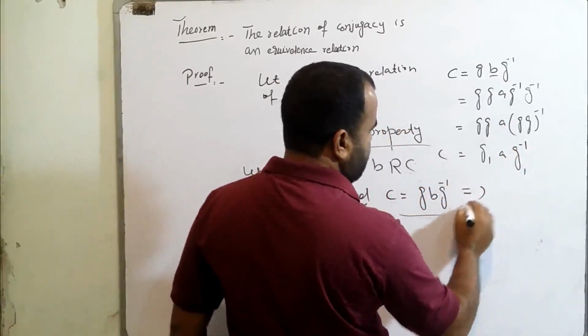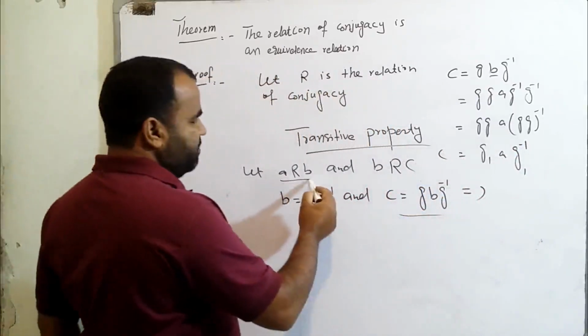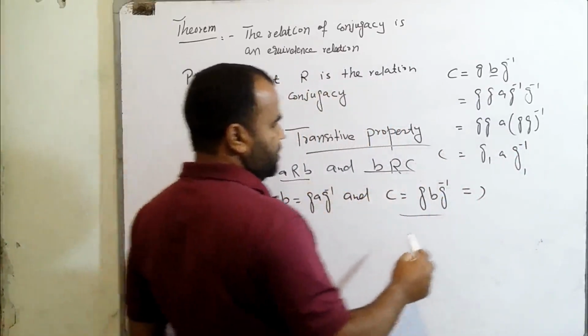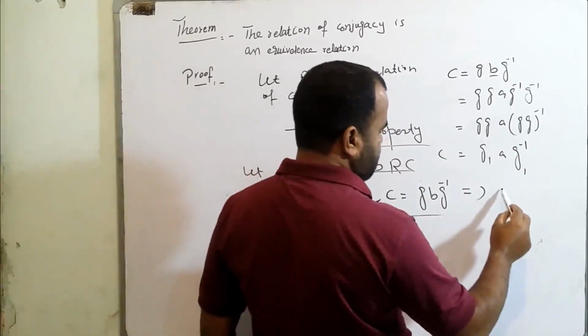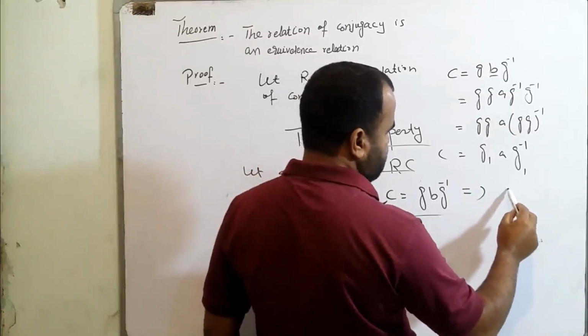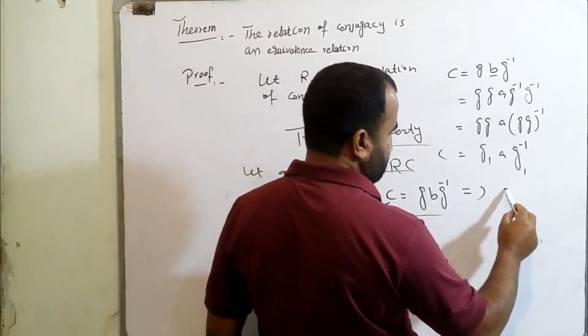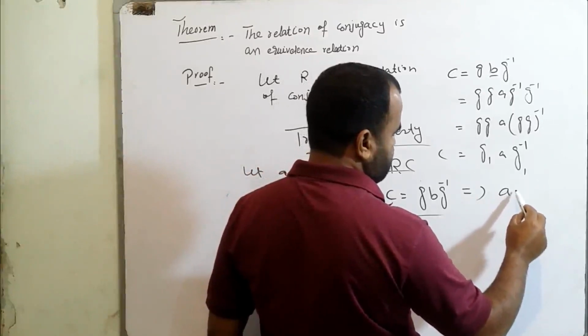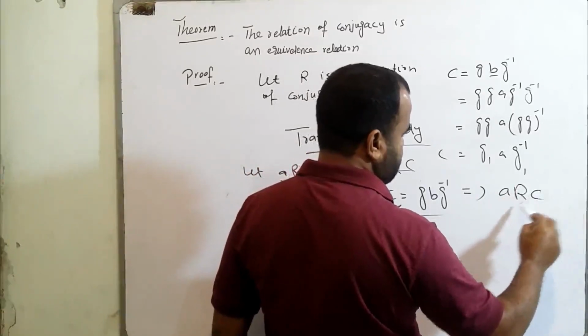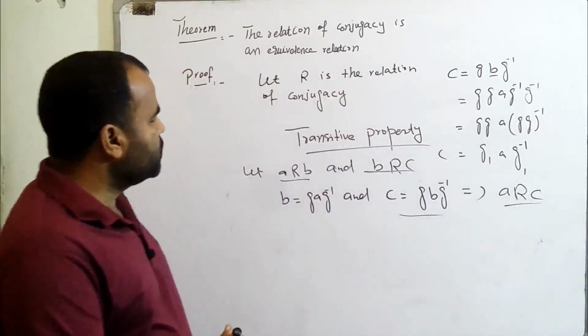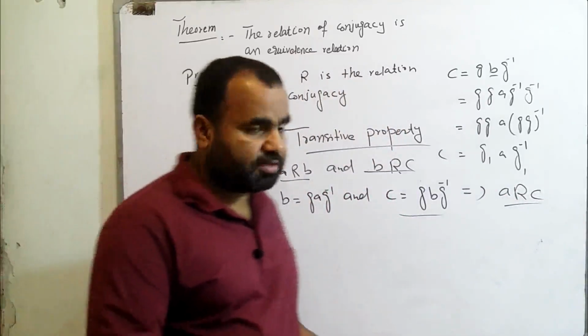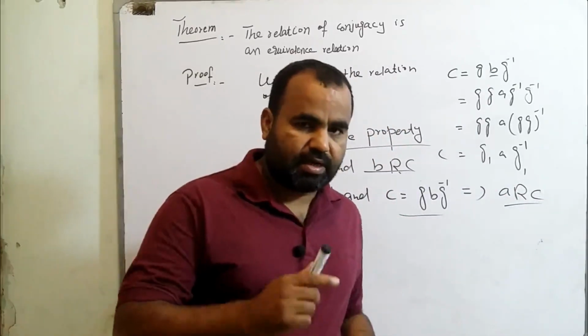This means that a is related with b, b is related with c, and this implies that a is related with c. So this conjugacy relation is also transitive.